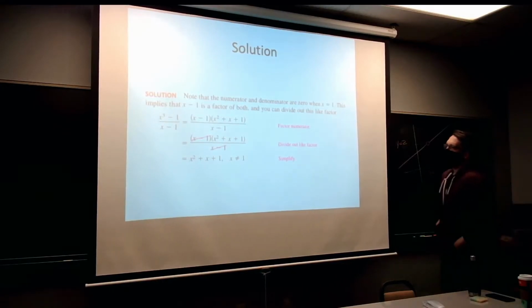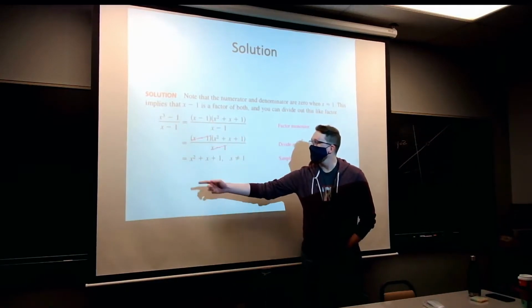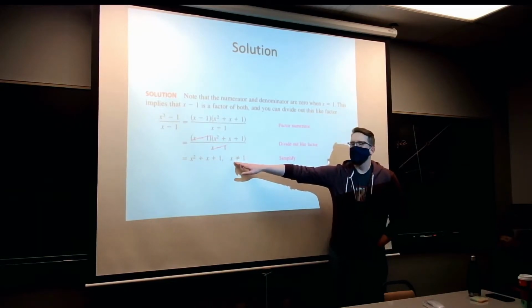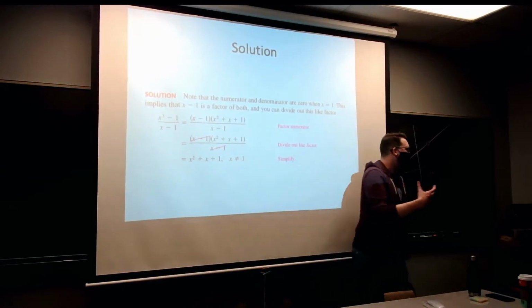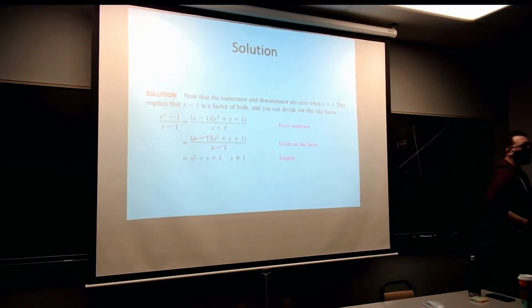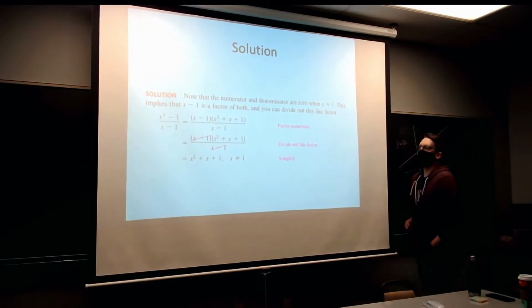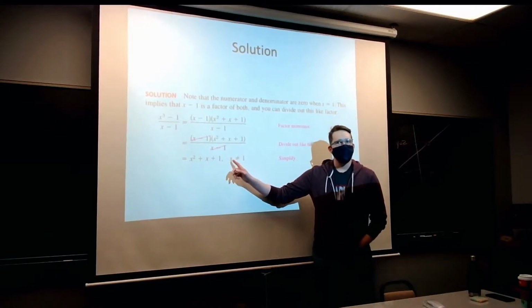Applying it, we get that this simplifies out to be x squared plus x plus 1. But we have this condition on it, right? x isn't equal to 1. Why not? Why do we have this condition here? Anybody know?